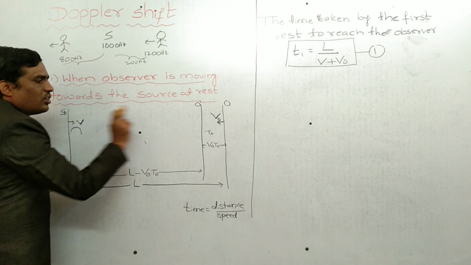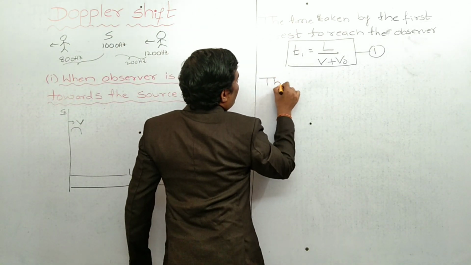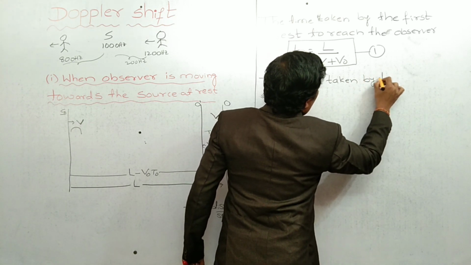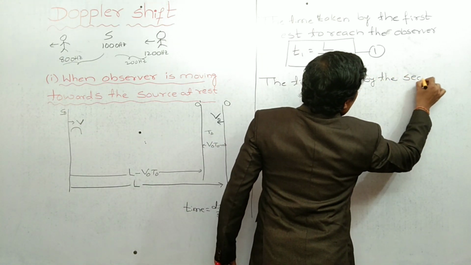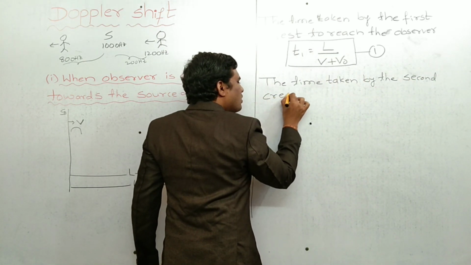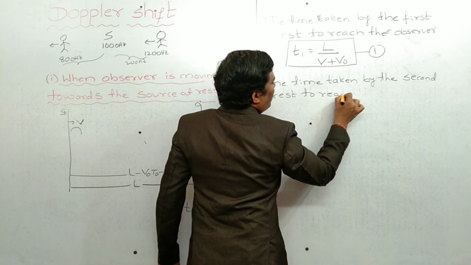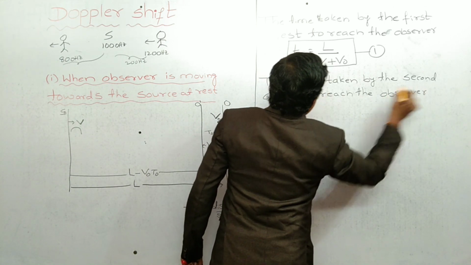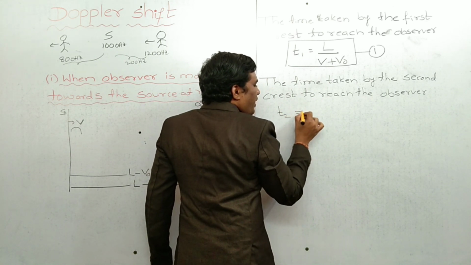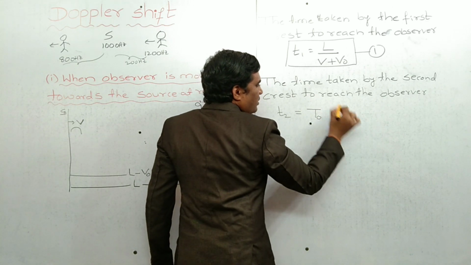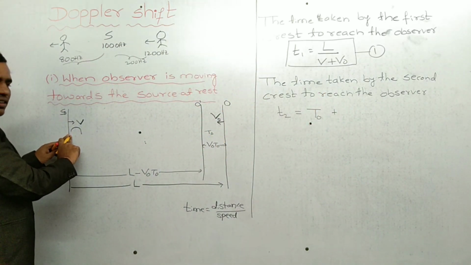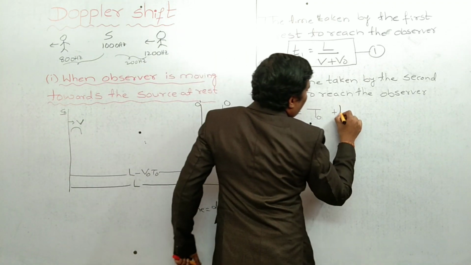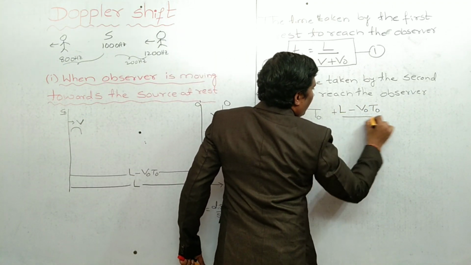Now the time taken by the second crest to reach the observer: t naught, because the second crest is produced after t naught time interval, plus the time to travel the distance L minus v naught t naught, which is distance by speed.